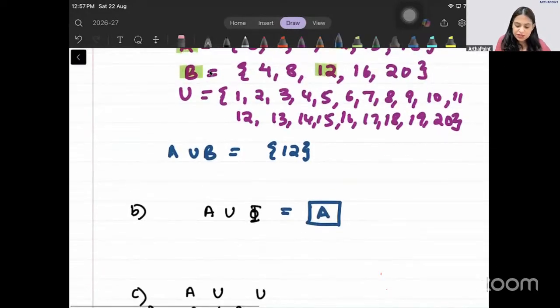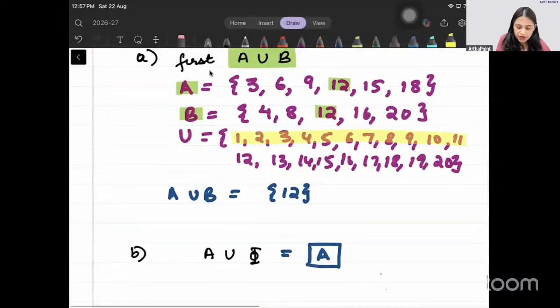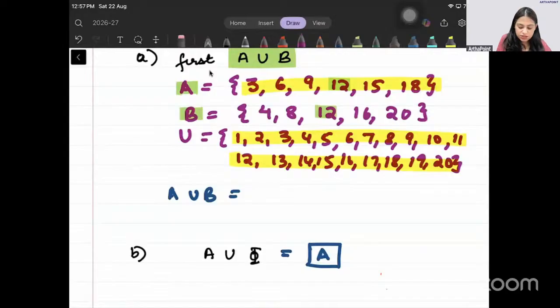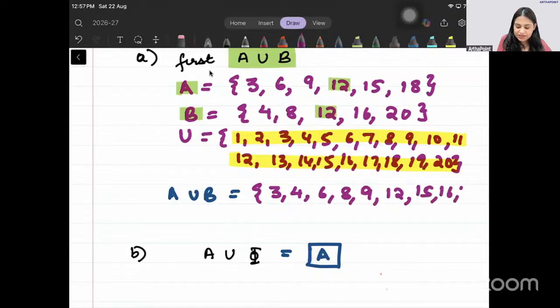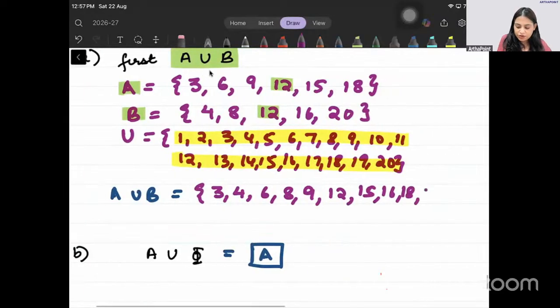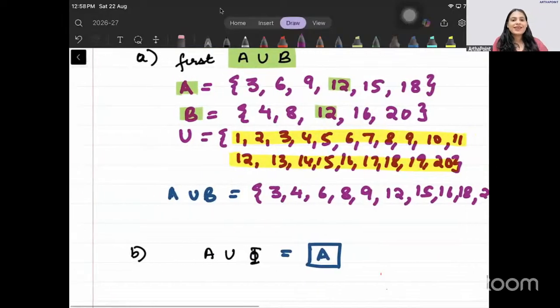So universal set means all elements under talk. So when I find union of A with that, sorry beta, this is union, I just did intersection. This will be 3, 4, 6, 8, 9, 12, 15, 16, 18, 20.